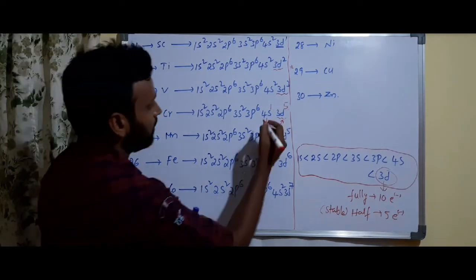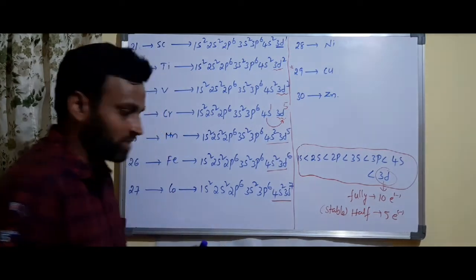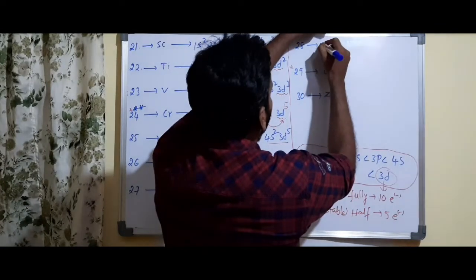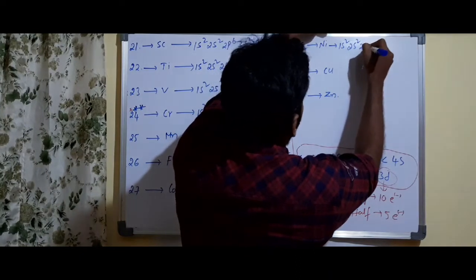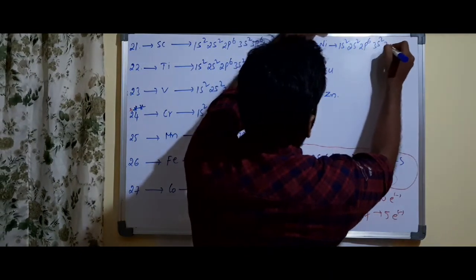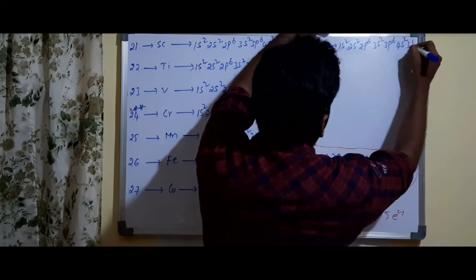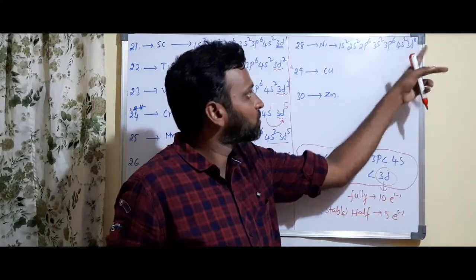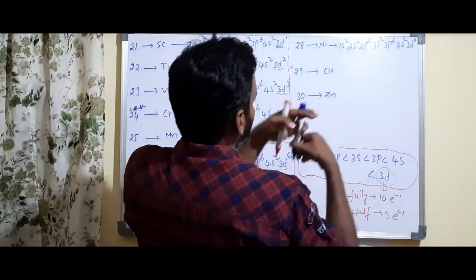See, observe, only this is different: 4s2, 3d5, 4s2, 3d6, 4s2, 3d7. Now nickel is the same: 1s2, 2s2, 2p6, 3s2, 3p6 and 4s2, 3d8. Able to see what I wrote? 4s2, 3d8.